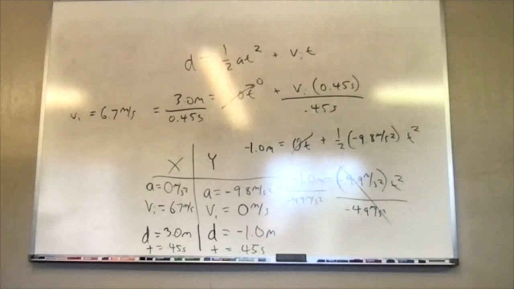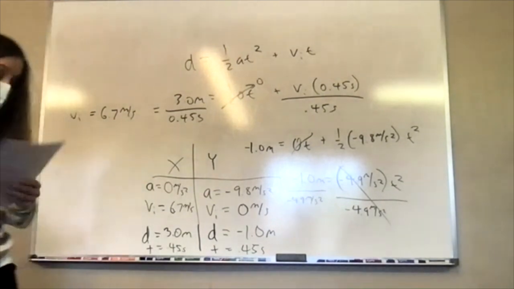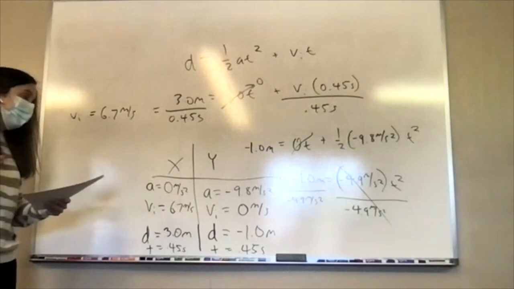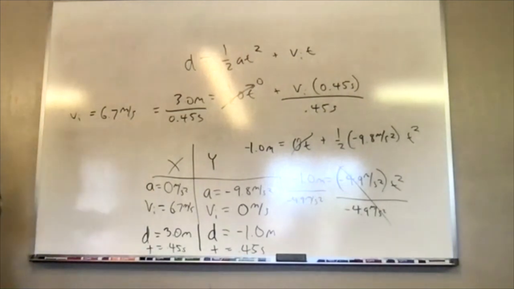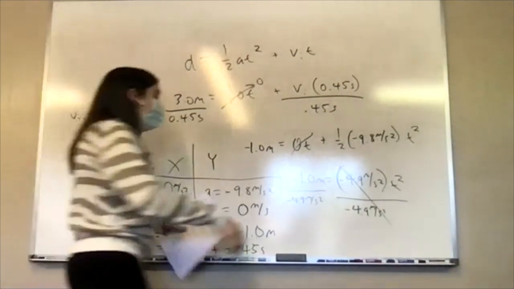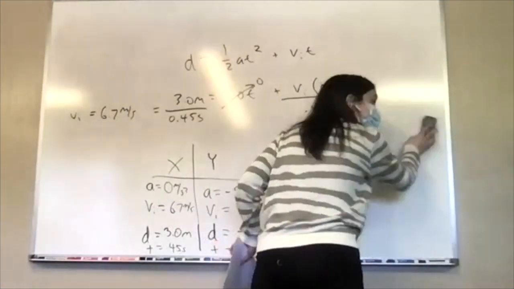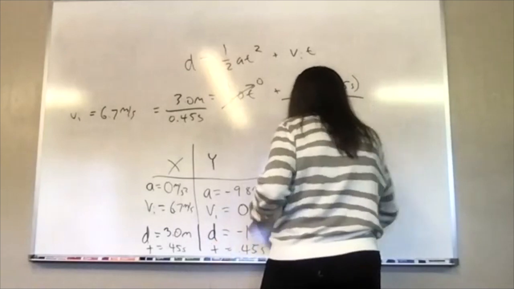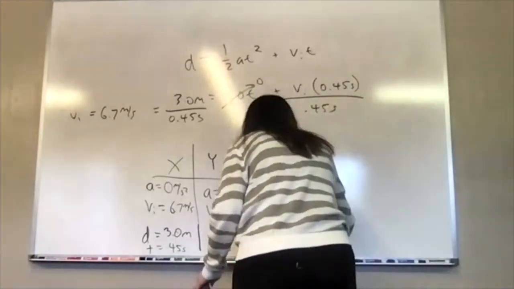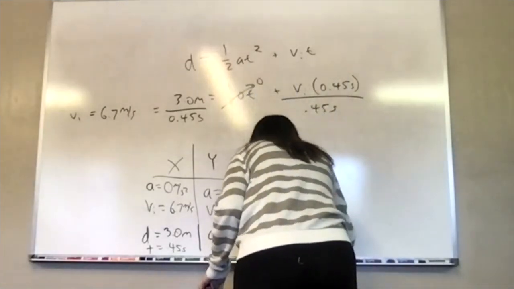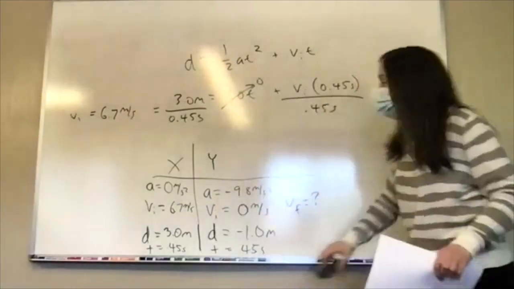And then for C, what is the vertical velocity of the ball just before it hits the ground? So we need to now find the final vertical velocity. So what we're looking for now is VF in the y dimension.